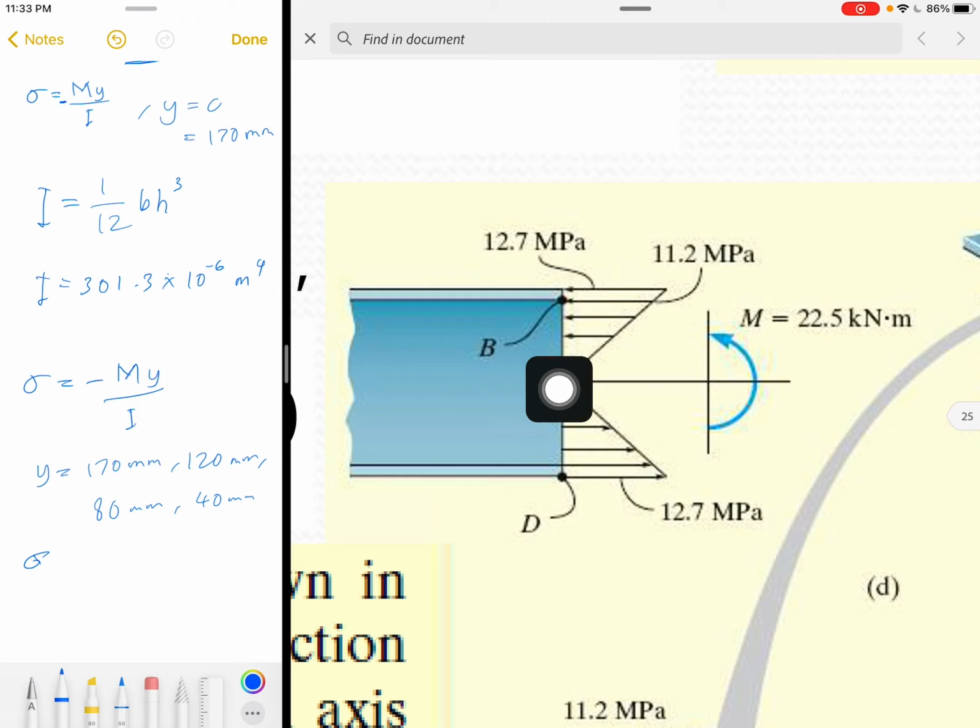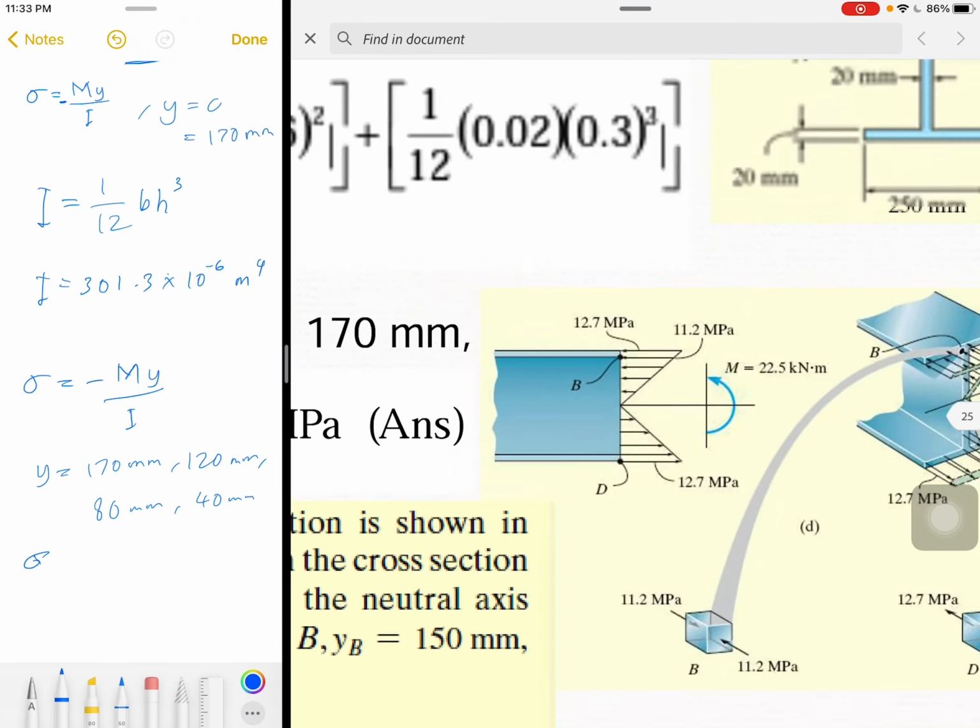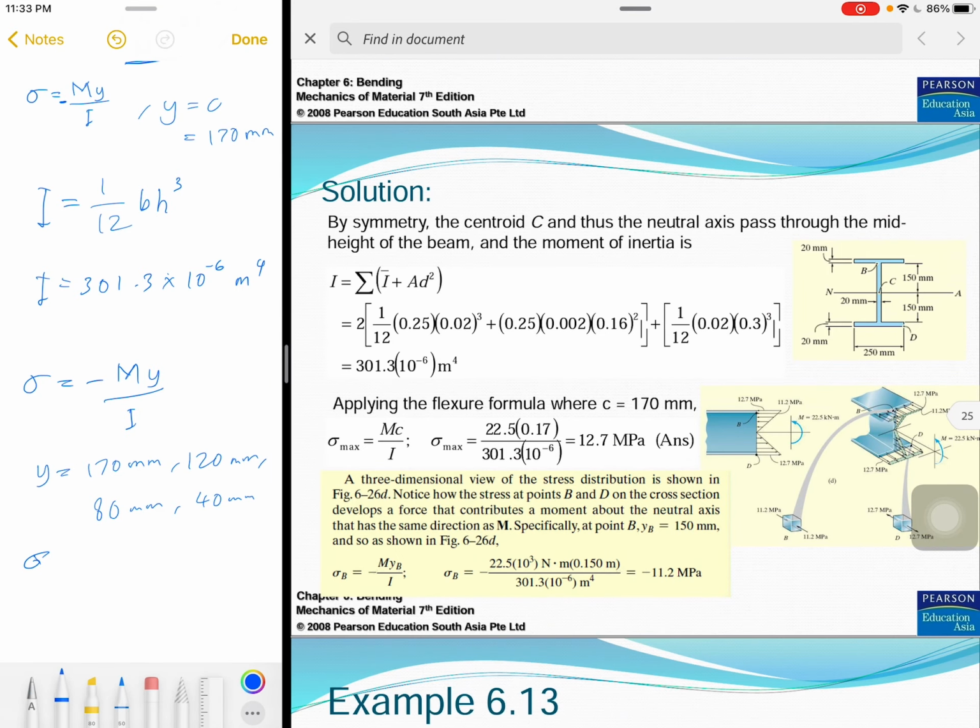Notice that since the bending is like this, for compression the arrow is toward the surface, and for tension the arrow is outward from the surface. So this is the diagram that we need to draw for this example.